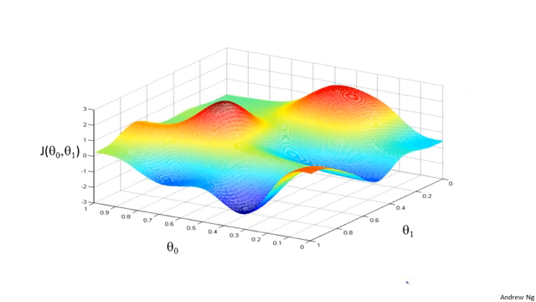So let's see in pictures what gradient descent does. Let's say you're trying to minimize this function. Notice the axes: theta 0 and theta 1 are on the horizontal axes, and J is the vertical axis. The height of the surface shows J, and we want to minimize this function. We're going to start off with theta 0, theta 1 at some point. Imagine picking some value for theta 0, theta 1, and that corresponds to starting at some point on the surface of this function.